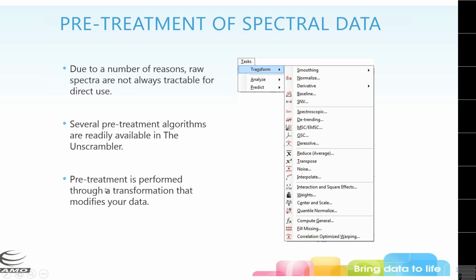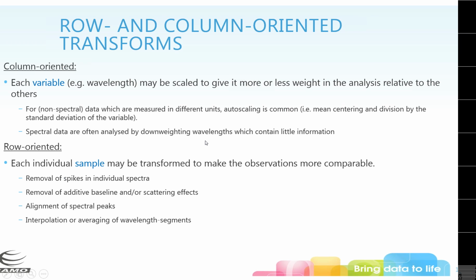And keep in mind in the Unscrambler, when you do a pre-treatment, it creates a new matrix for you to work in, and it associates that pre-treatment with that matrix. So if you then run a model on that, it will automatically apply that pre-treatment to new samples. So you always want to make sure that when you do predictions, you use your raw data when you go forward.